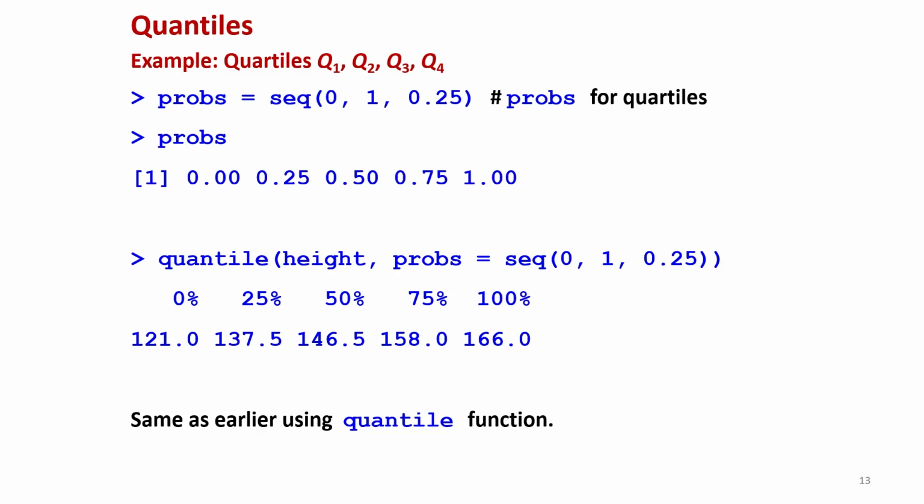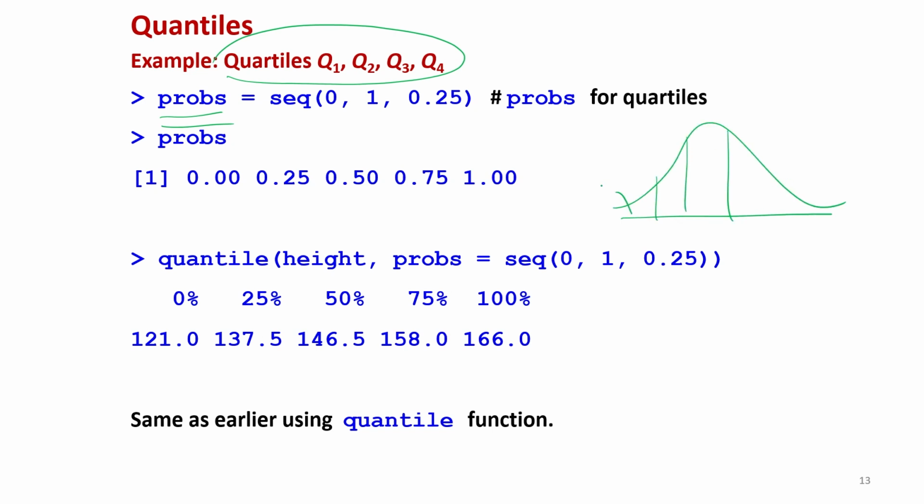Okay, now if I want to compute the quartiles, meaning Q1, Q2, Q3, Q4, by default the quantile function gives us quartiles, but I want to use the probs argument here. I need to divide the total area into 4 equal parts, so every partition will have 25%.